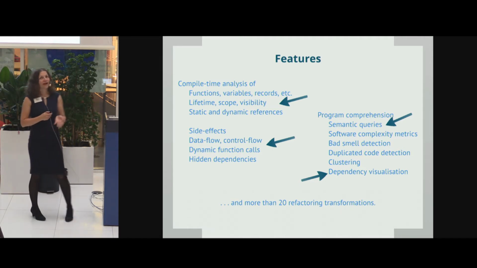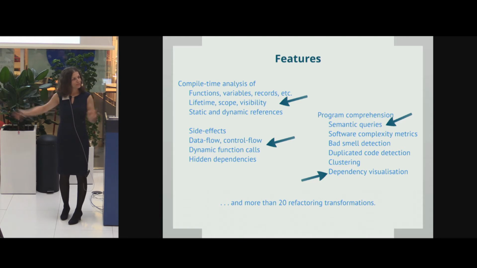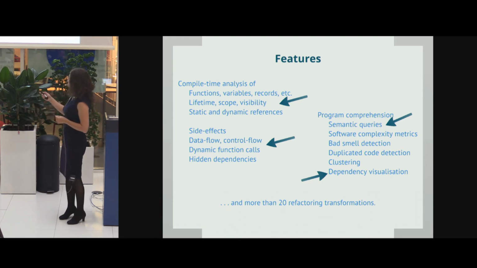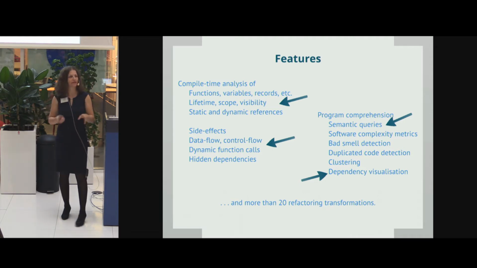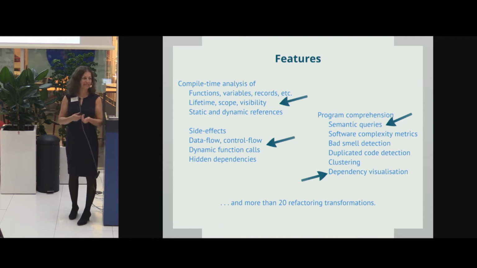So we try to make our compile time analysis as broad as possible, covering the analysis of different entities, functions, variables, records, modules, so some entities of the source code, we call them semantic entities, and perform some initial analysis on them.